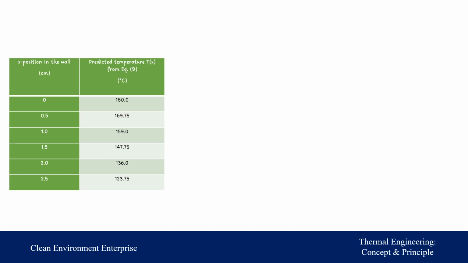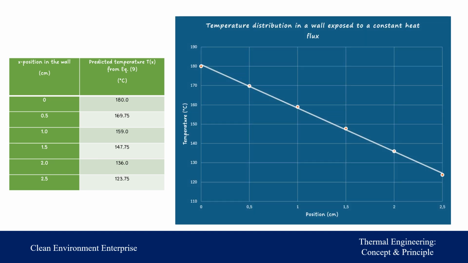This is starting at x equal to 0 at the side where it is exposed to a constant heat flux, corresponding to 180 Celsius, and comes down to 123.75 for the wall exposed to convection, and this can be presented in graphical form in this shape.